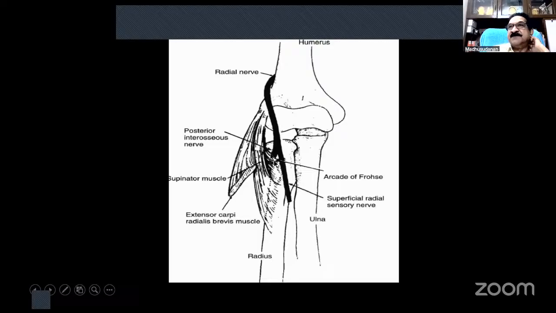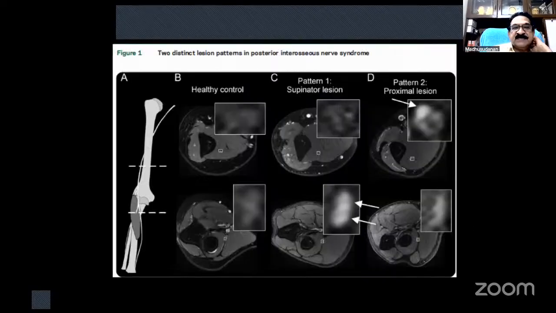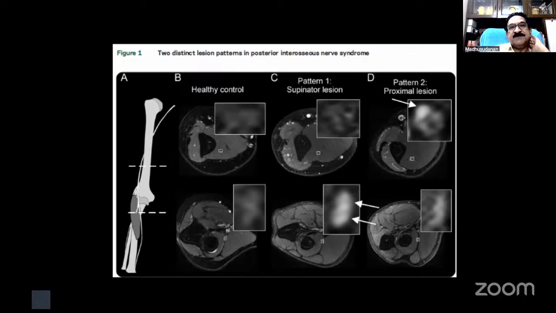That is the usual site of supinator syndrome. But this article shows that sometimes even a pressure palsy in the radial groove can have a selective vulnerability for these PIN muscles supplied by the PIN distribution. In this particular article, the patient presented with PIN palsy, but he had a hyperintensity in the radial nerve in the radial groove, due to pressure palsy. That is shown there in that picture.